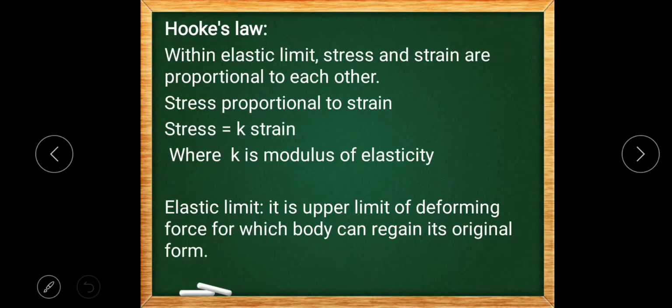Or it is the maximum stress up to which an elastic body will recover its original shape and size after the removal of the deforming force. So that is known as elastic limit.